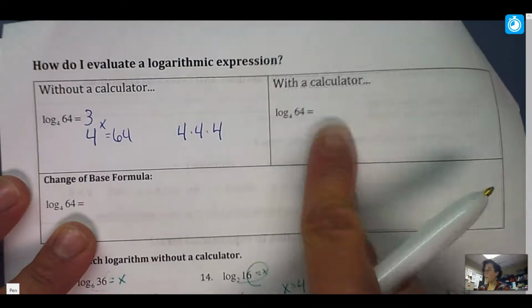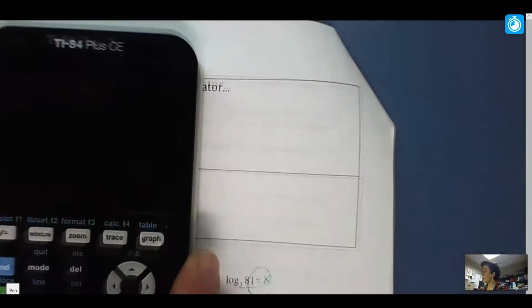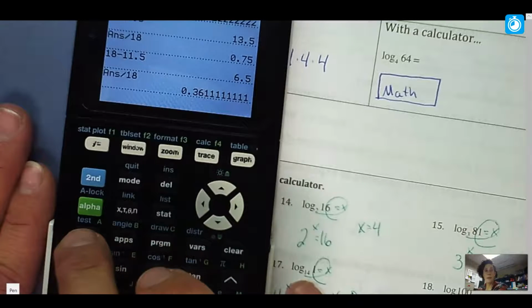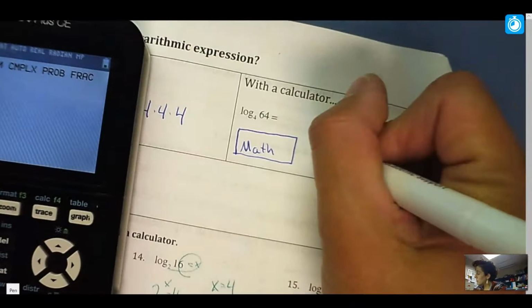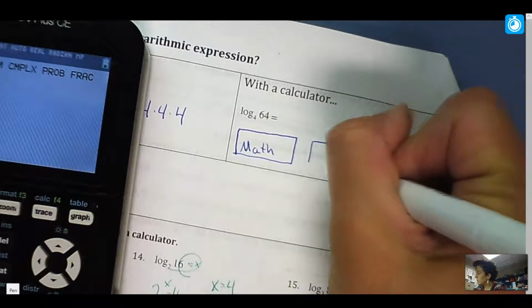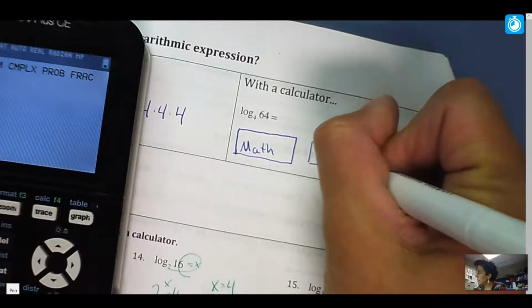Now, if you do have a calculator, what you can do is press the math button. So you press this button, and then I want you to scroll up. From there, you're going to hit that scroll up button.